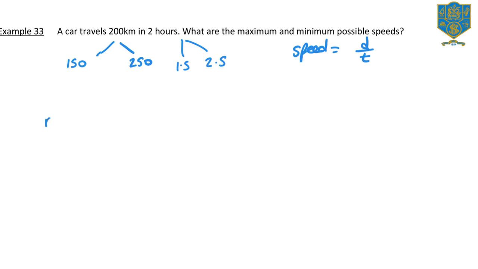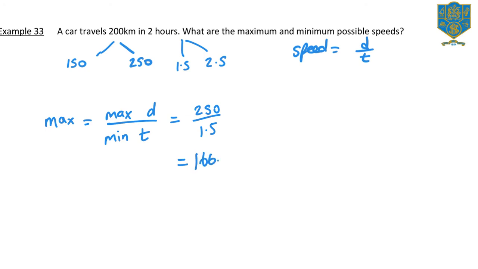Now, to work out the maximum speed, the maximum possible value is going to be the maximum distance divided by the minimum time. So that's going to be 250 divided by 1.5, which is 166.67 kilometres per hour.